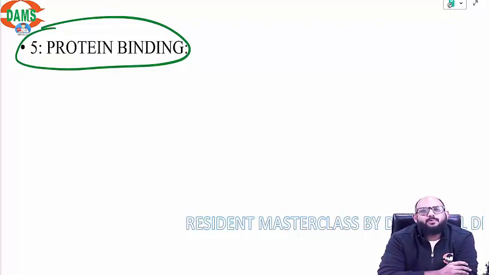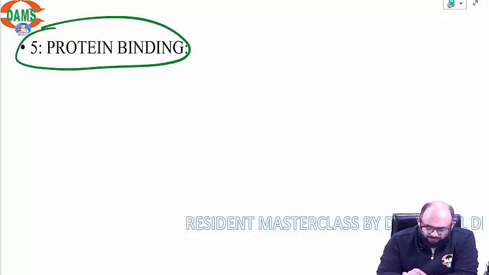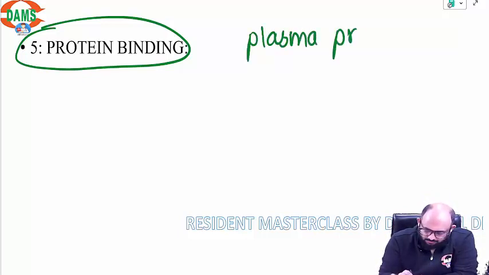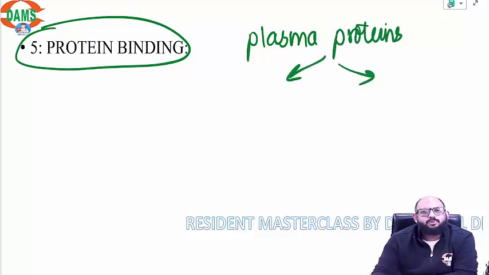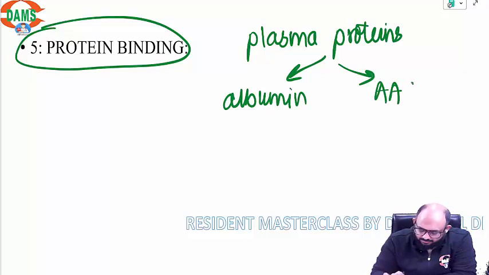When we talk about protein binding, when we give the drug, it first reaches plasma, right? And we have two types of plasma proteins. Which are the two types of plasma proteins? Albumin and alpha 1 antiglobulin.